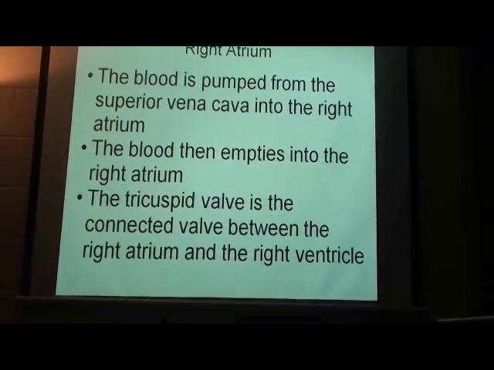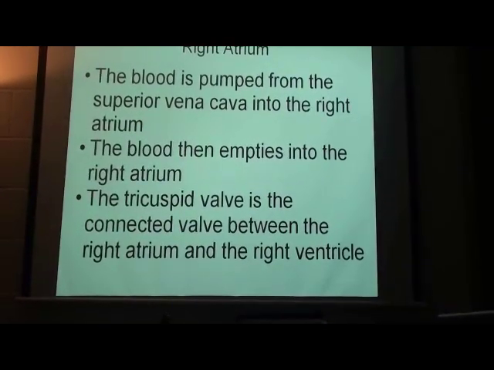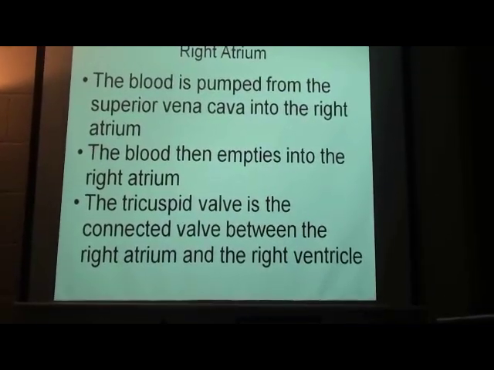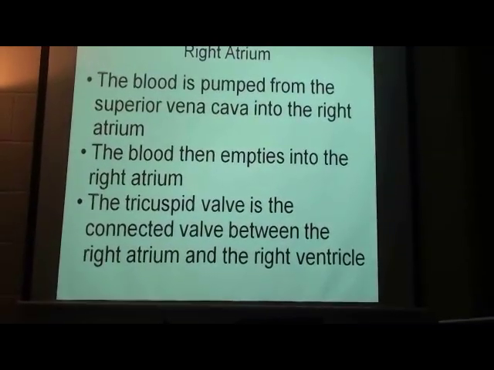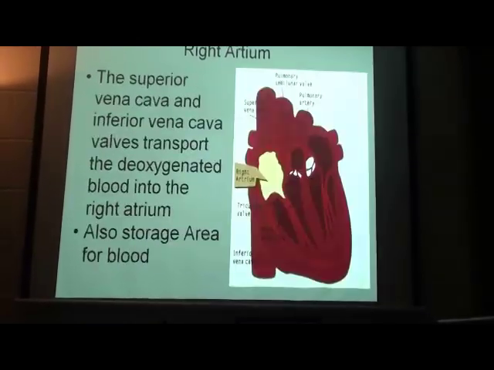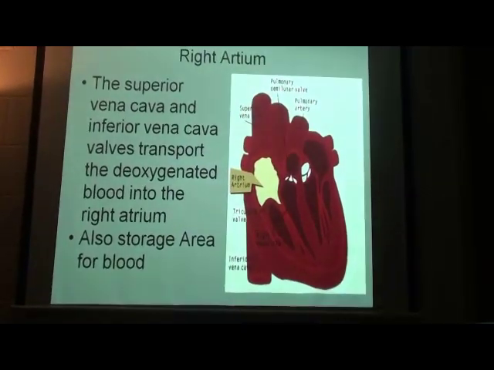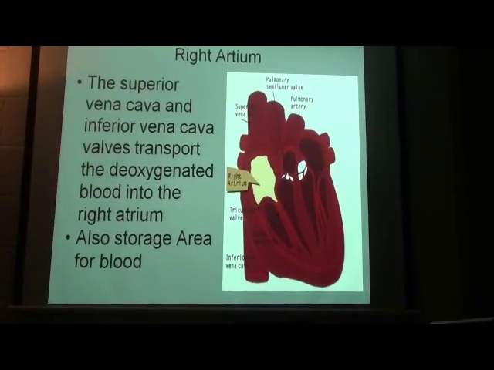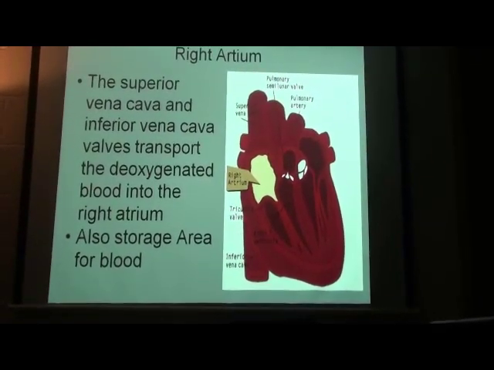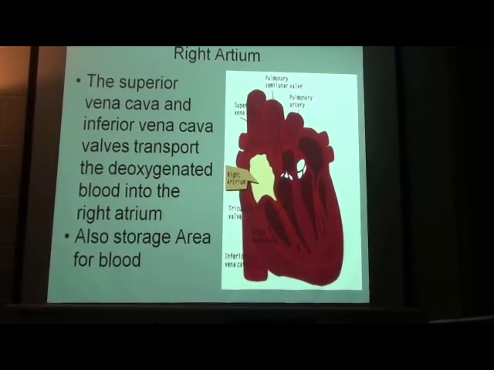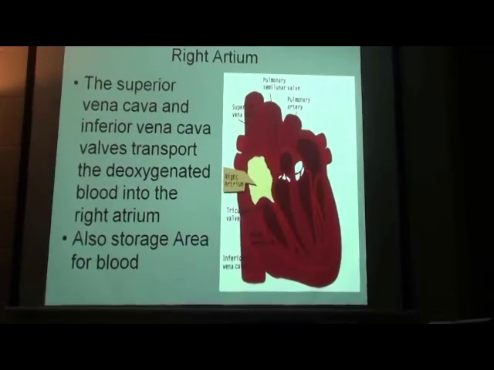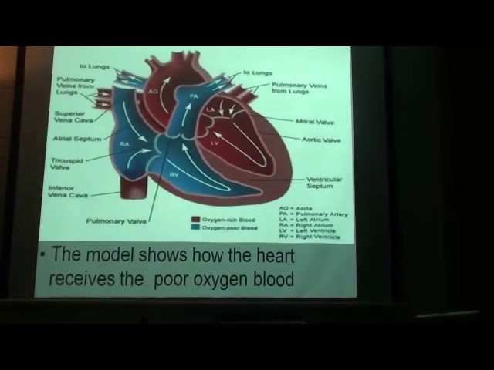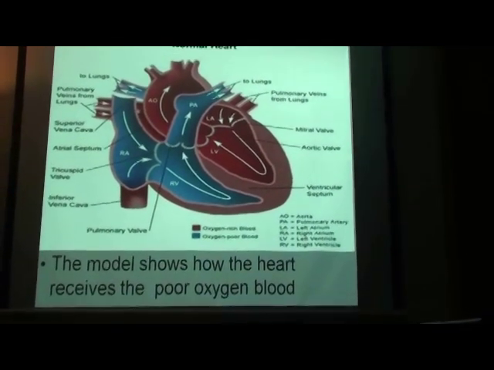The tricuspid valve is connected to the valve between the right atrium and the right ventricle. The superior vena cava and inferior vena cava valves transport the deoxygenated blood into the right atrium, also a storage area for blood. This model shows how the heart receives poorly oxygenated blood.